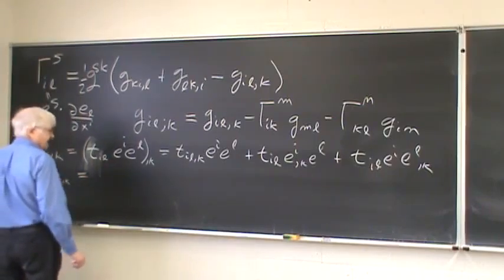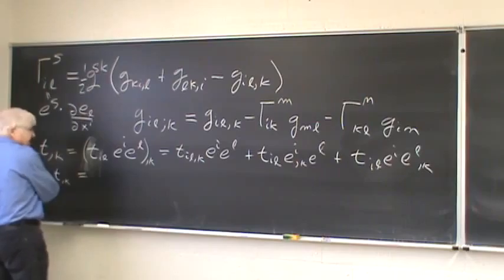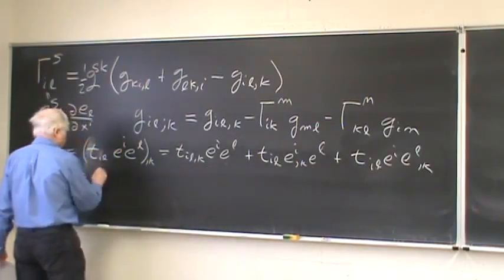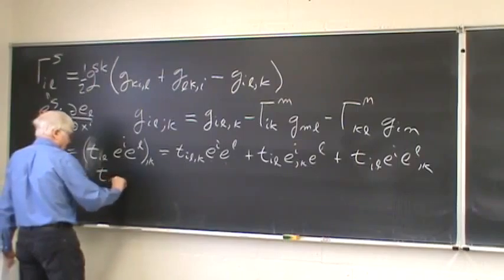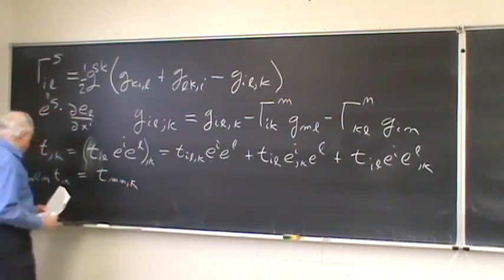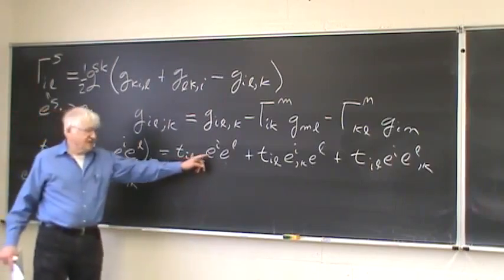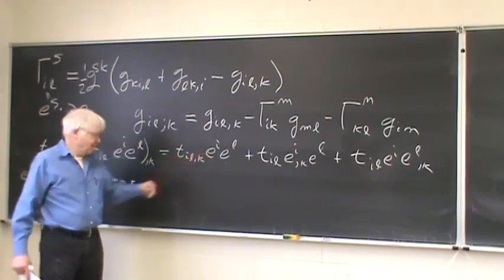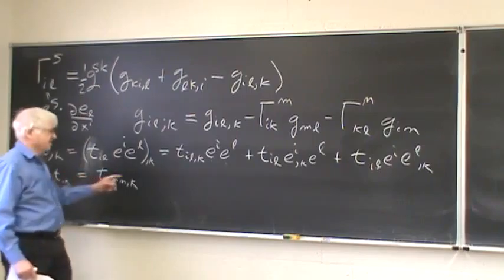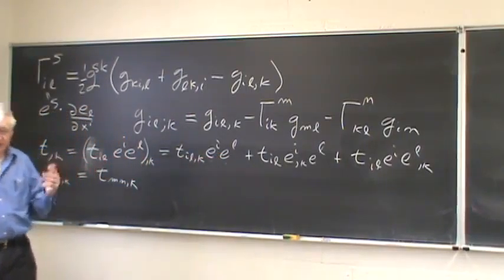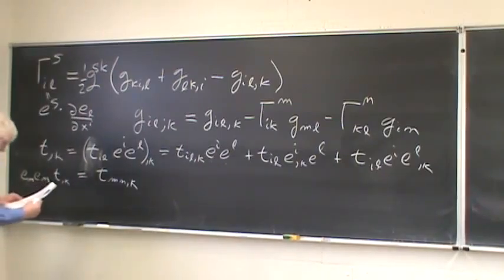The first term is going to be T_{mn,k}, because e_m is orthogonal to e^i and e_n is orthogonal to e^l, unless it's a Kronecker delta.